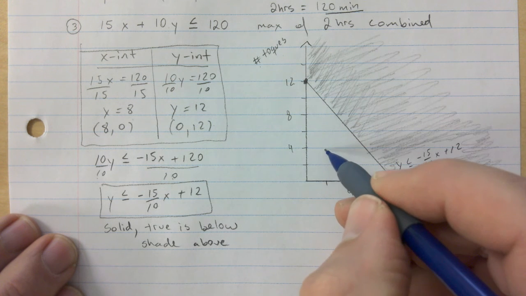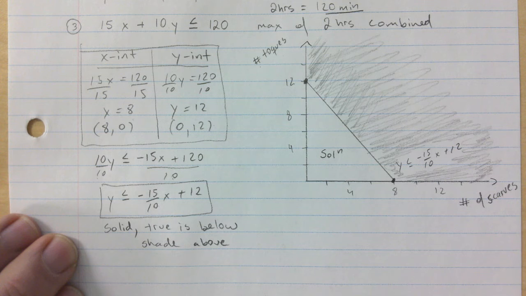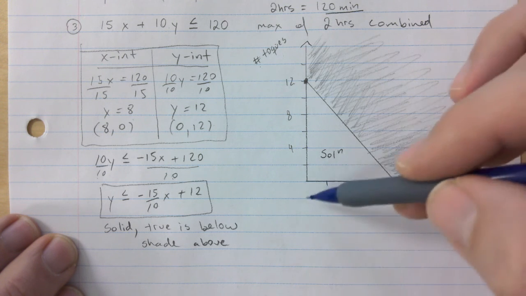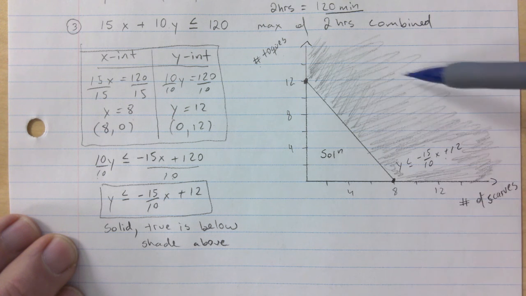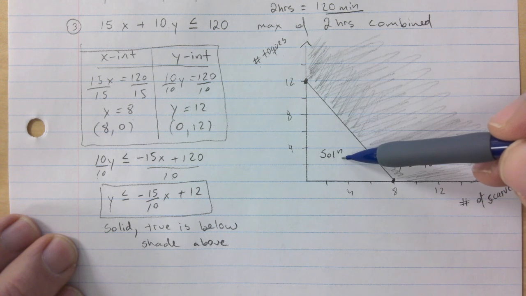Make sure you label your solution region. And this is where practice will show on a test. If you've practiced this, you will know all these things, okay? So label, units as well, scale. I label the inequality, I shade appropriately, I tell where the solution is.